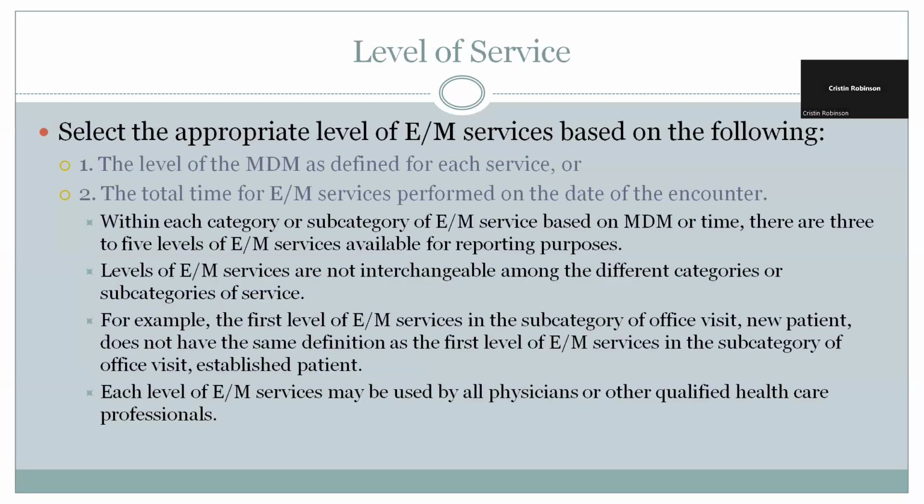Okay, so now let's talk about the level of service. So you'll be selecting the appropriate level of evaluation and management services based on the following elements. Number one, the level of the MDM as defined for each service or the total time for the E&M service performed on the date of the encounter. Within each category or subcategory of E&M services, based on MDM or time, there are 3 to 5 levels of E&M services that are available for reporting purposes.